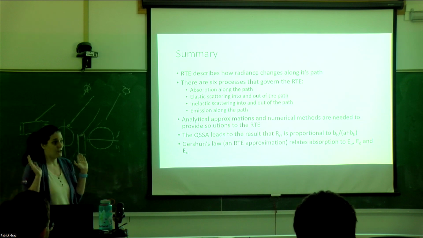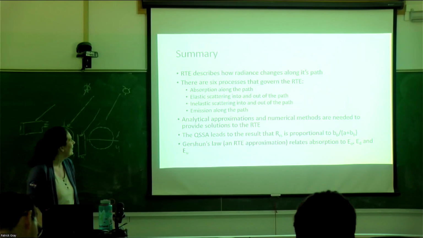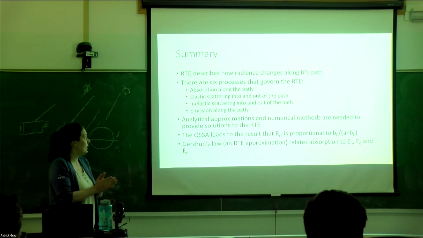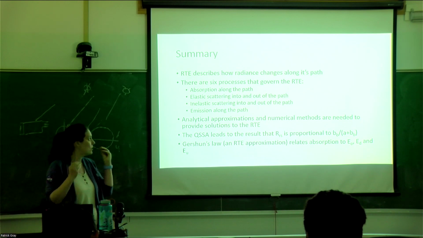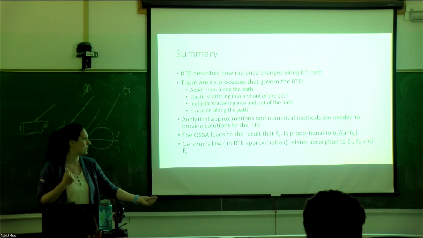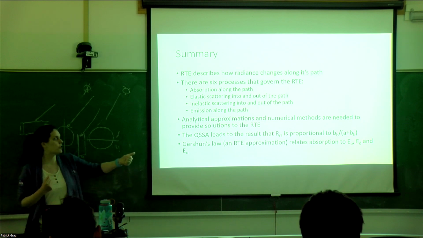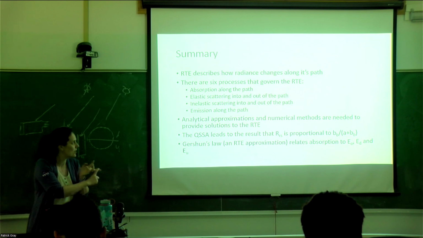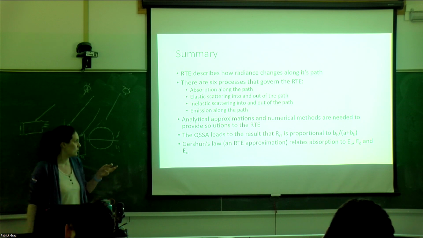And that's it, honestly. There's a lot of math in there, so just to summarize what we did do. The radiative transfer equation describes how radiance is changing along the path. There are 6 processes that are governing that: the absorption, elastic scattering into and out of the beam, inelastic scattering into and out of the beam, and then emission along that path as well.